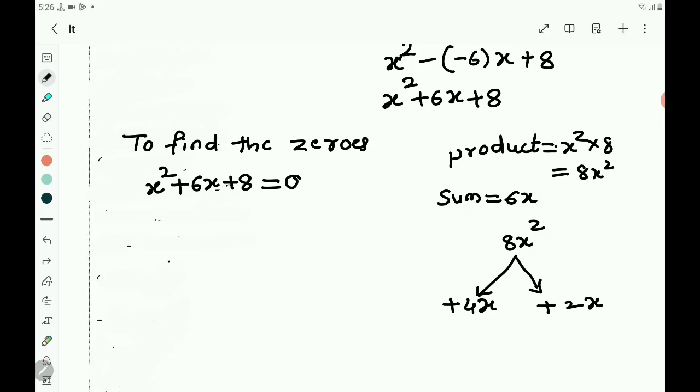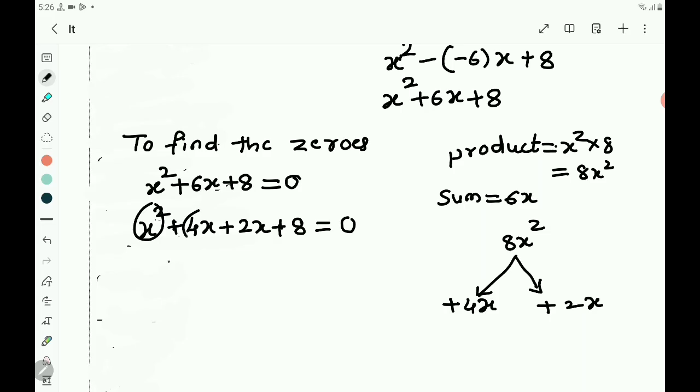Then you write x square plus 4x plus 2x plus 8 equals 0. Then take these two terms and remove the common factor.